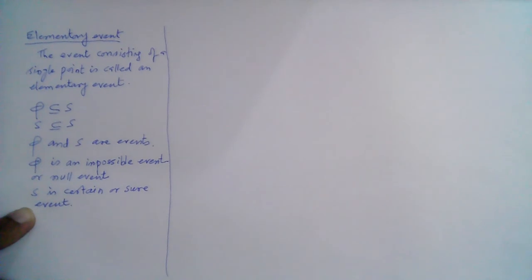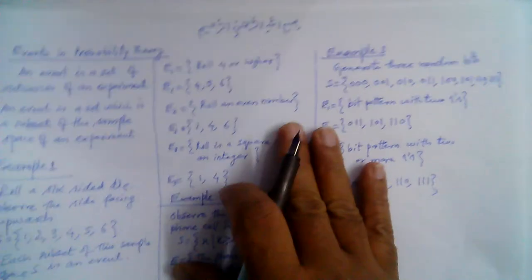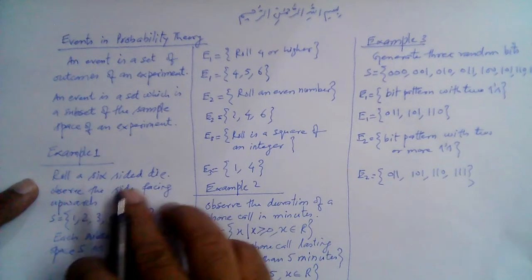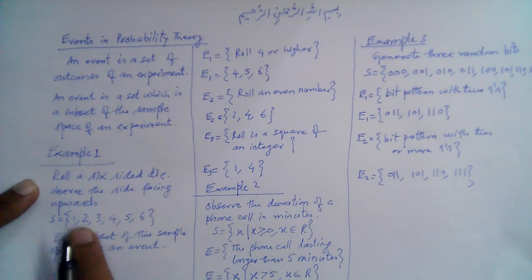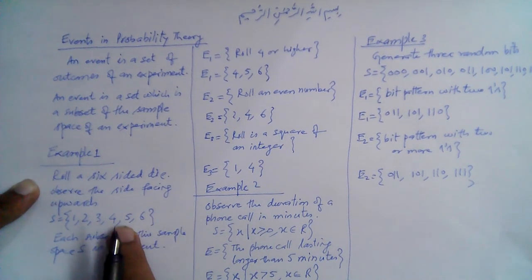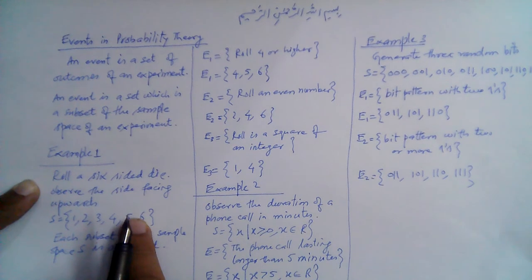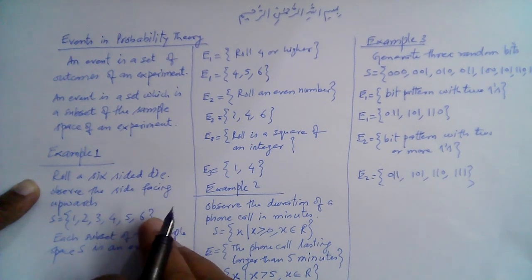To further explain, see this experiment where we roll a 6-sided die. The possible outcomes are 1, 2, 3, 4, 5, and 6. If we say that none of these numbers appear on the upward side, this is an impossible event, right?